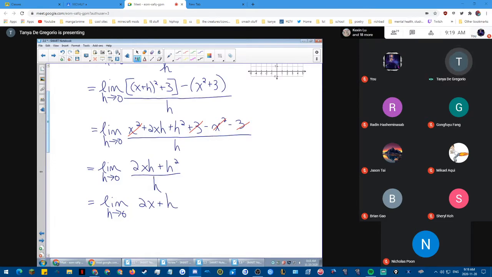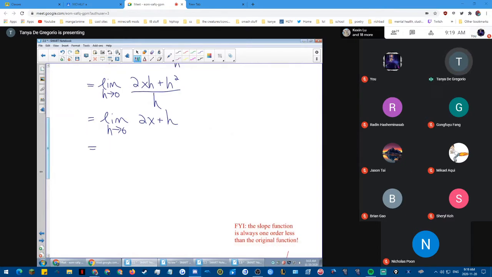Now we take the limit, which means I have to sub in 0. This is the slope of the tangent in general. So I can now find the slope at any point of my function. You want to know what it is when x equals 3?